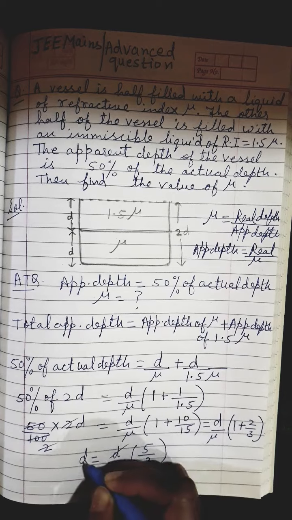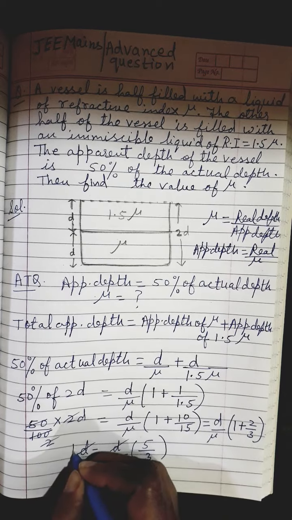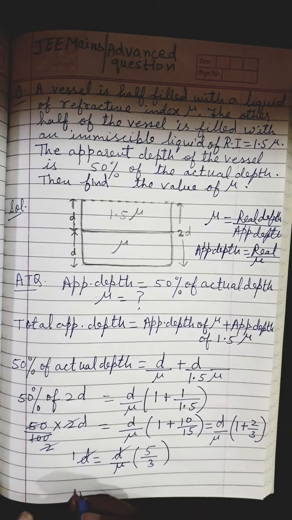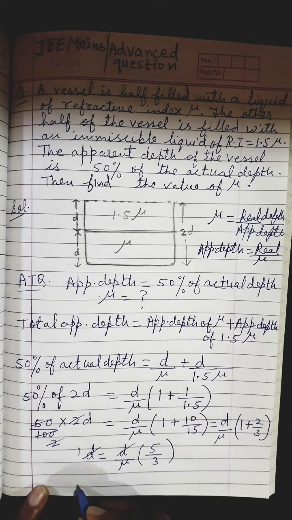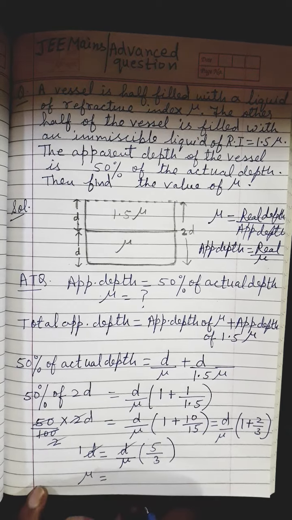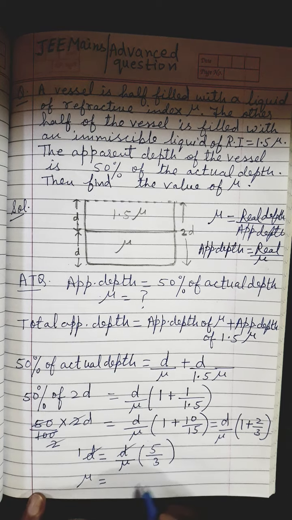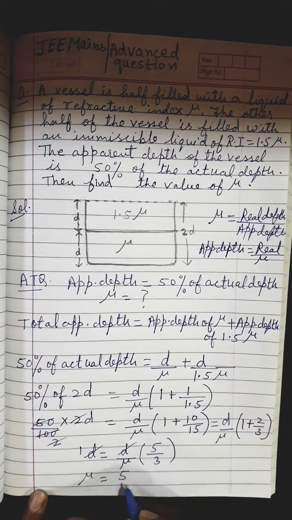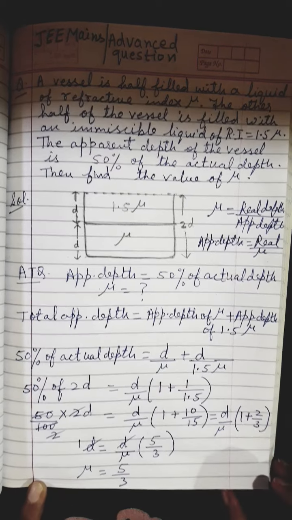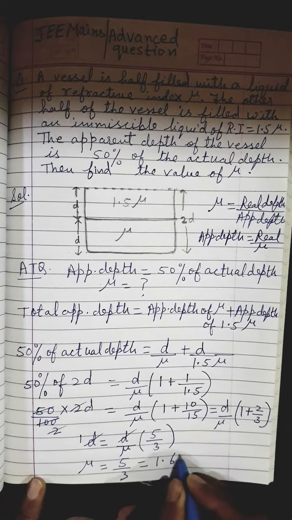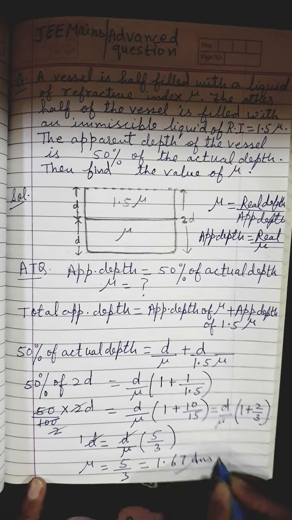This d will get cancelled, you will get 1. So your equation will be mu equals to, take mu to the left side, mu equals to 5/3, and if you divide it you will get mu as 1.67. This is the answer.